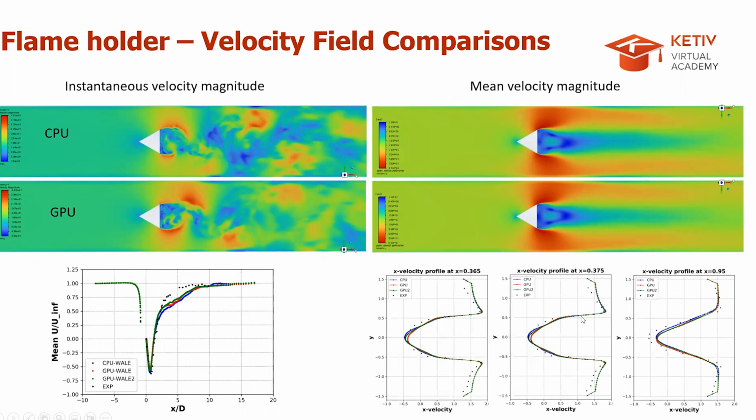You can see that they overlap each other. So in terms of comparing the results from your CPU run simulations and GPU run simulations, I think we can conclude that for the physics that you can solve on GPU solvers today, you should get pretty much the same results as you would from your conventional CPU run.